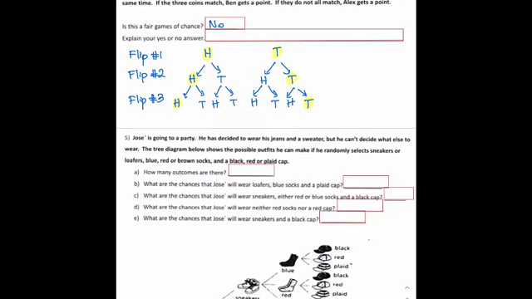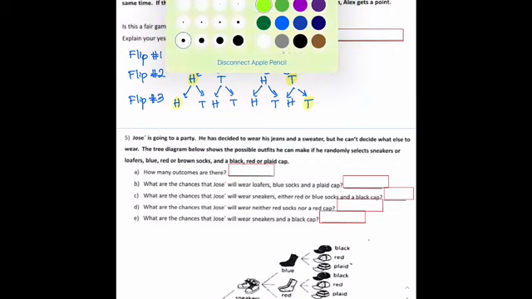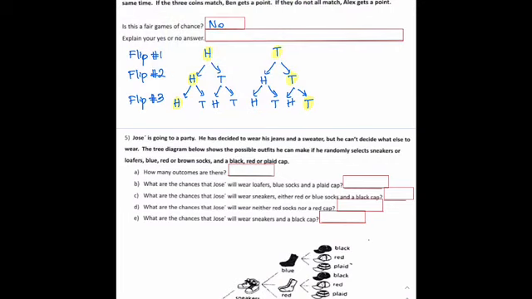So I'm just going to change the highlight, and let's look at Alex's now. Alex gets a point from any other combination. So when you look at all these, they will give Alex a point. So let's write down the probability for Alex.